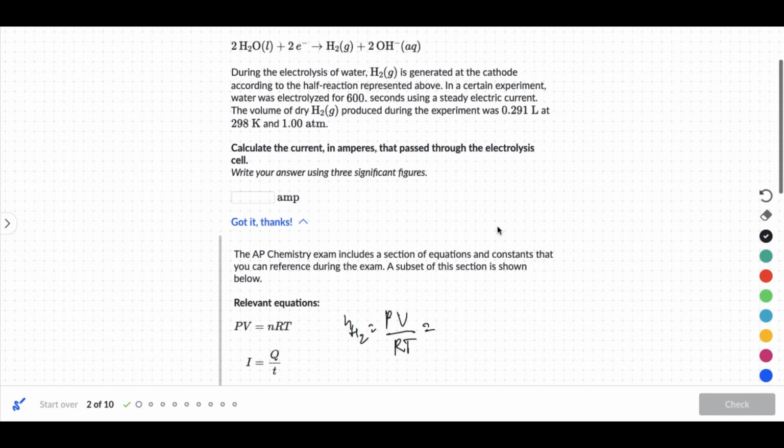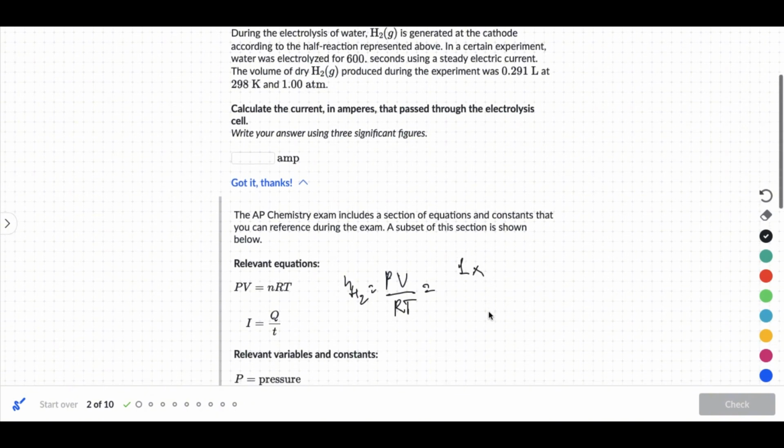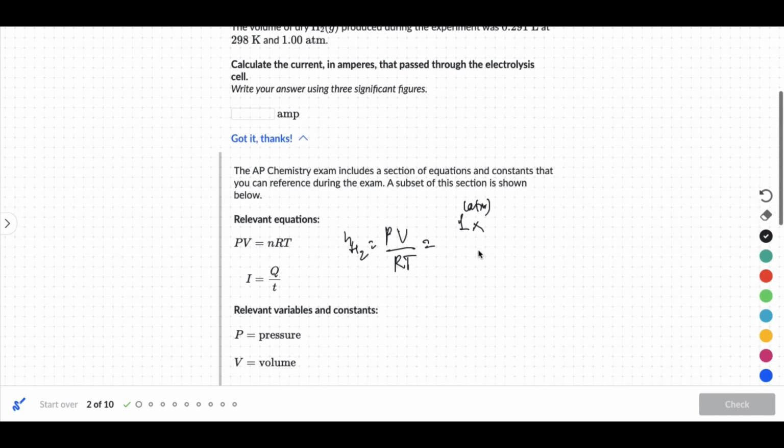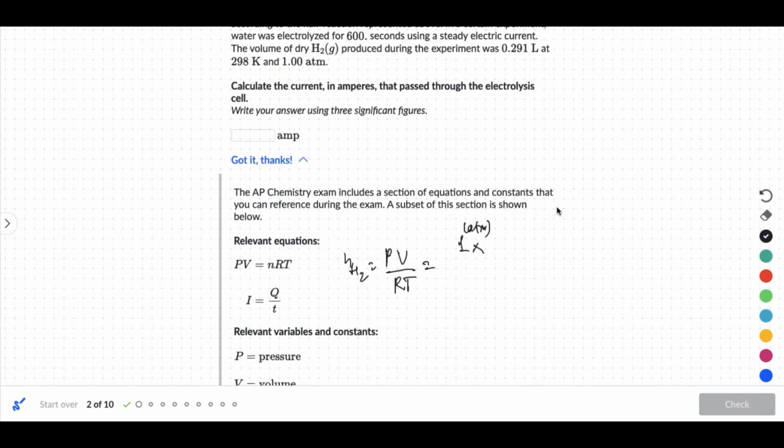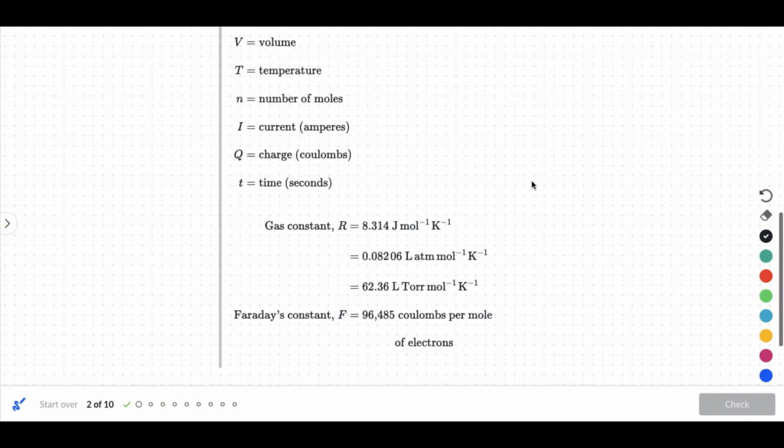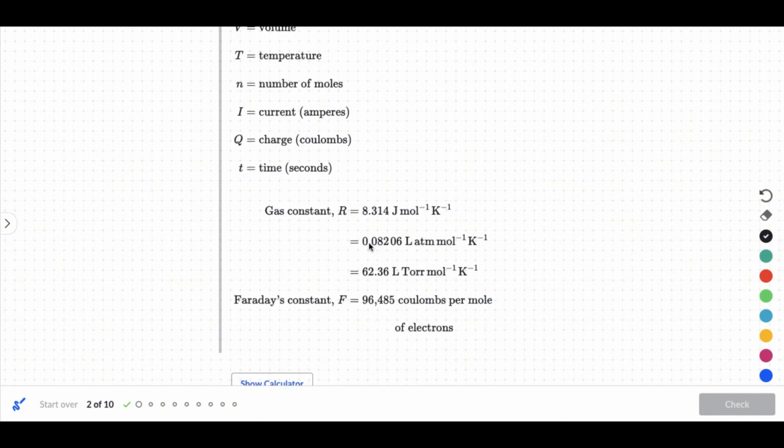For the pressure, that would be 1 atmosphere. I want to include the units here so that we would not mess up. Then 0.291 liter over, because we're using atmosphere and liter here, I need to use this value.